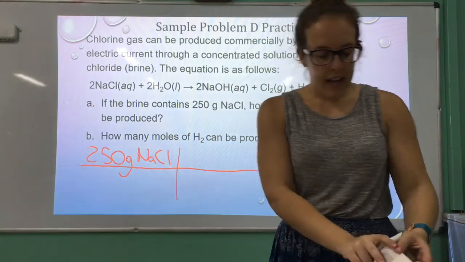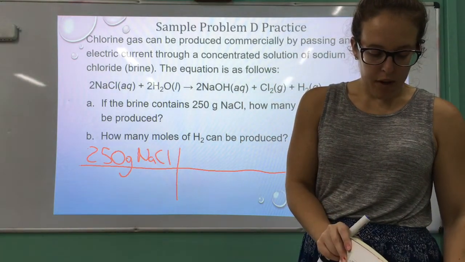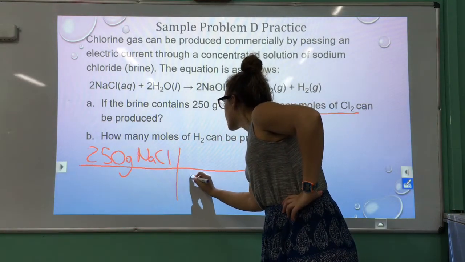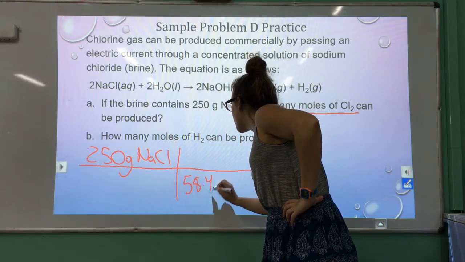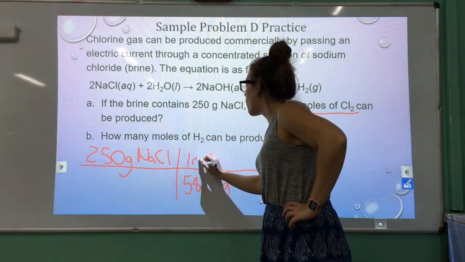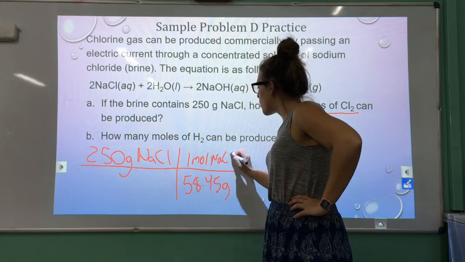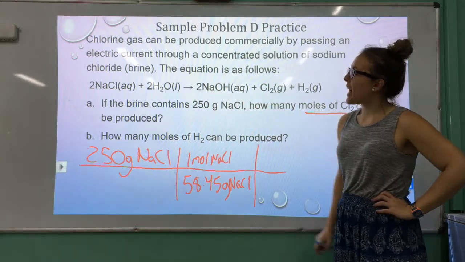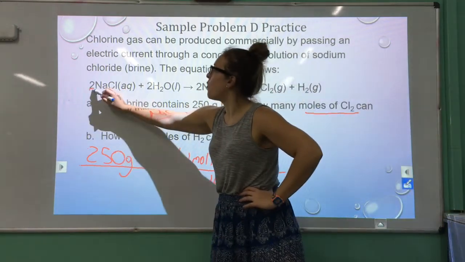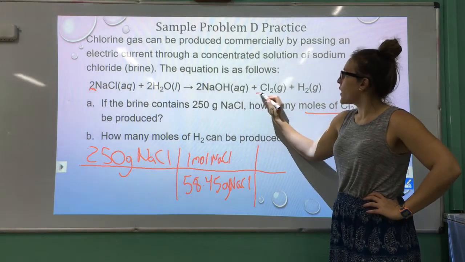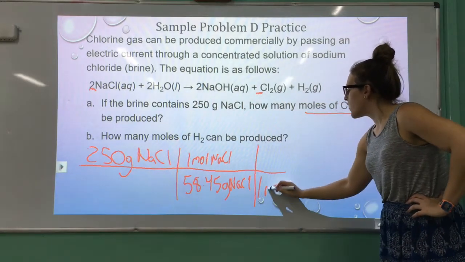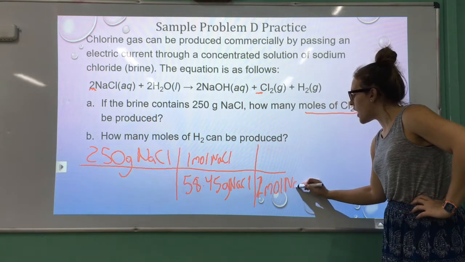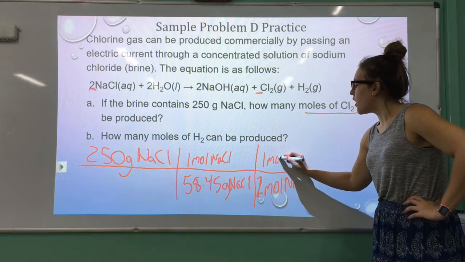Adding that together, 35.45 plus about 23 is 58.45 grams per mole of sodium chloride. Then we look at the equation. For every 2 moles of sodium chloride, we get 1 mole of chlorine.